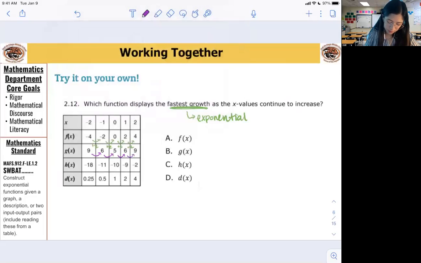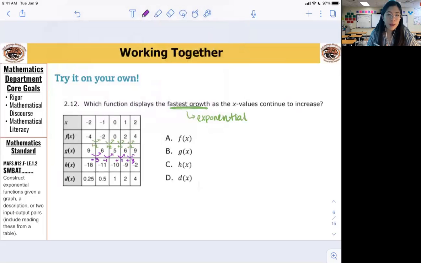Okay, good. I'm seeing it's -3 and then what? -1, then what? +1 and then +3. Yeah, -3, -1, +1, and then +3.